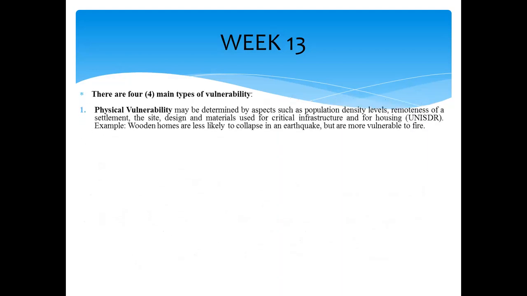The first one is physical vulnerability, and it may be determined by aspects such as population density levels, remoteness of a settlement, the site, design, and materials used for critical infrastructure and for housing. For example, wooden homes are likely to collapse in an earthquake but are more vulnerable to fire.